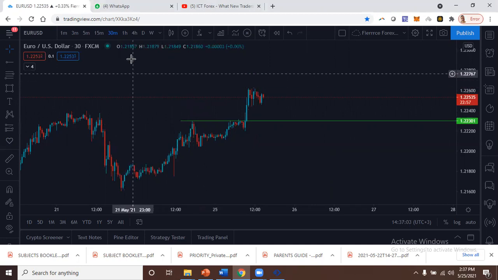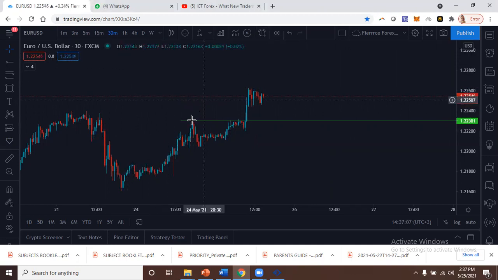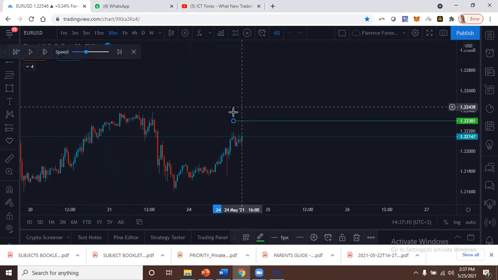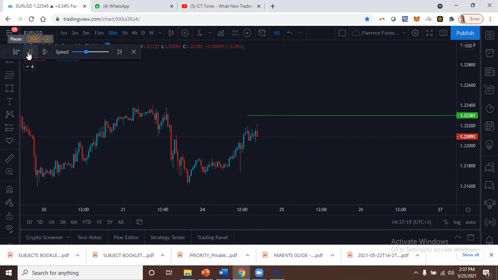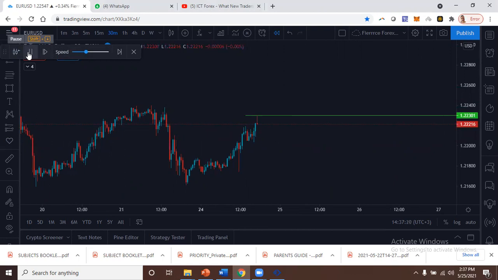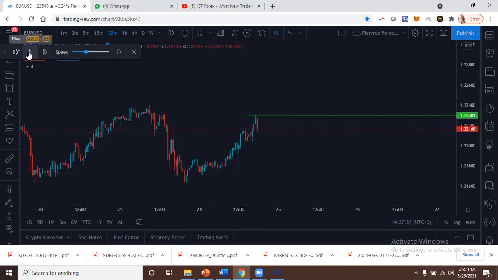Let's assume that we cannot see this level. So for me, this rejection here, that's why I had plotted this line here.